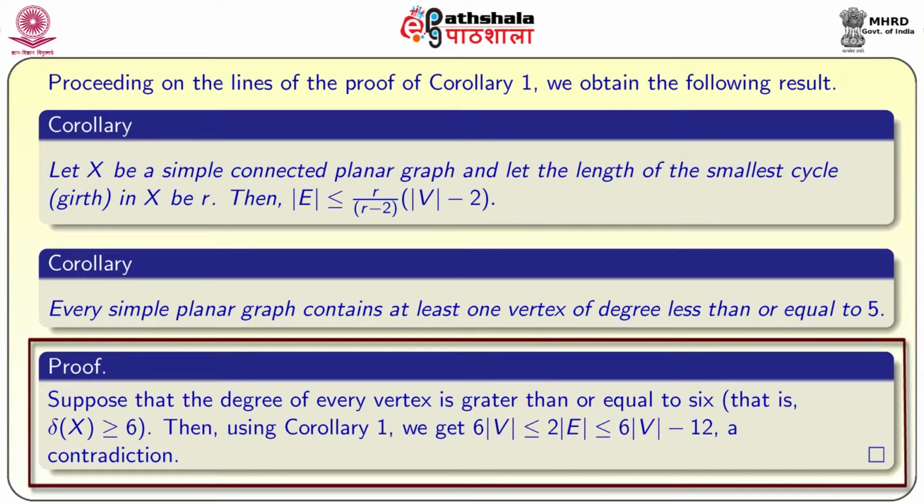Proof for this one, suppose that the degree of every vertex is greater than or equal to 6, that is, minimum degree delta of X is greater than or equal to 6, then using the previous corollary, 6 times |V| is less than or equal to 2 times |E|, which is less than or equal to 6 into |V| minus 12, that is a contradiction. So, there is at least one vertex whose degree is less than or equal to 5.